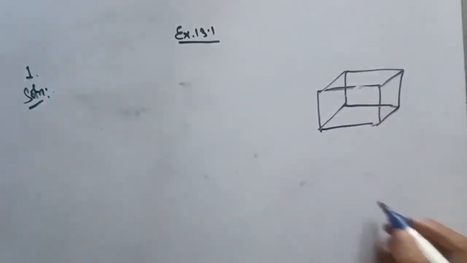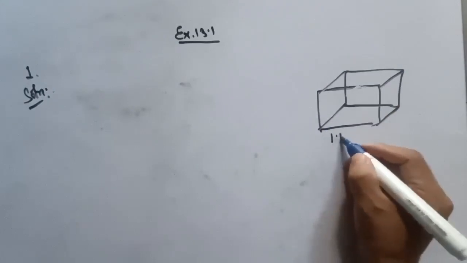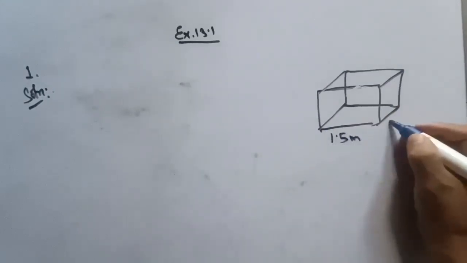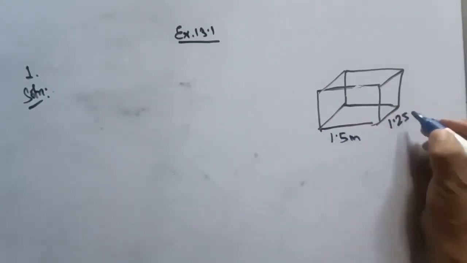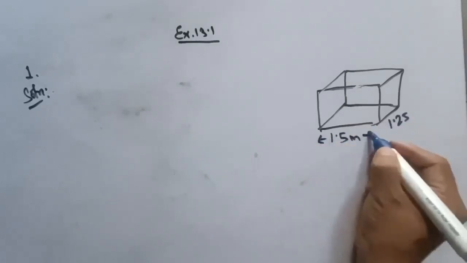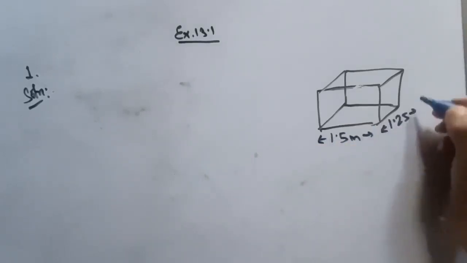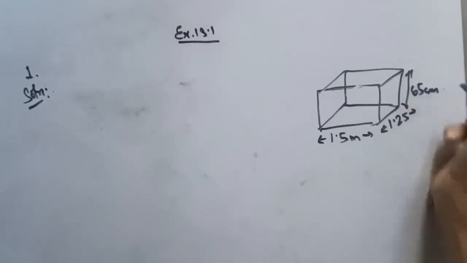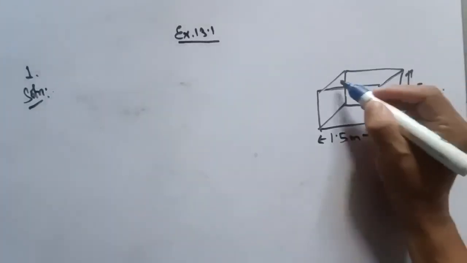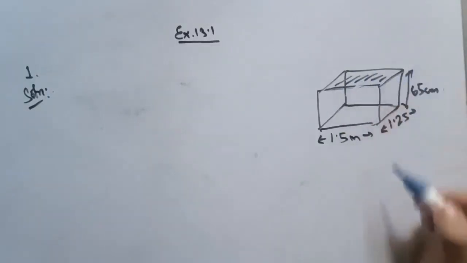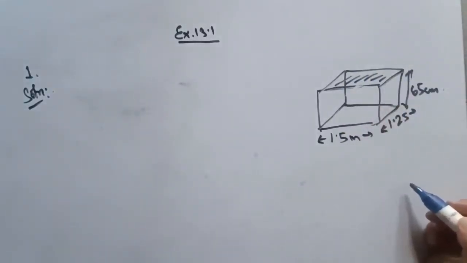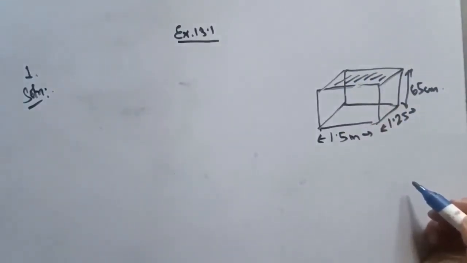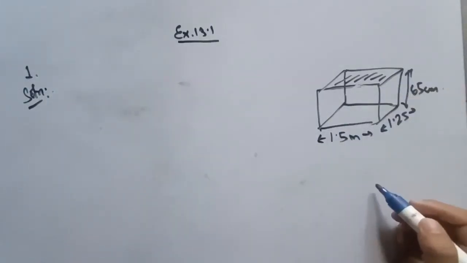So we are to make a plastic box which is 1.5 meter long and 1.25 meter wide, and then the height of the box is 65 centimeter. It is open at the top, that is, this part is open, and we are to determine the area of the plastic sheet required to make this box.